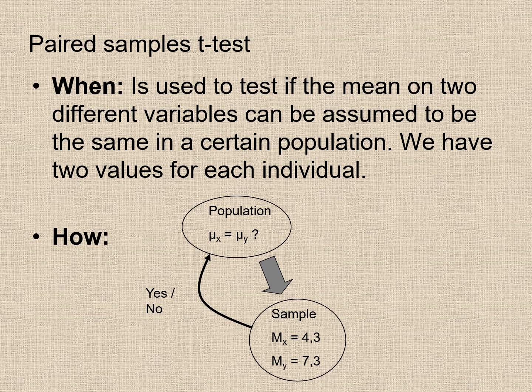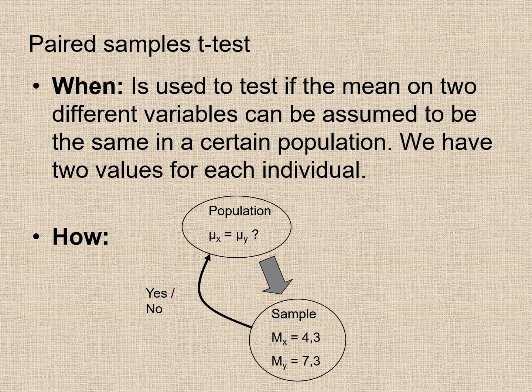Now we come to the last version of the t-test, the paired samples t-test. This one we use when we have two values per individual, and we want to test if the mean on those two variables can be assumed to be the same in the population that the sample is representing.